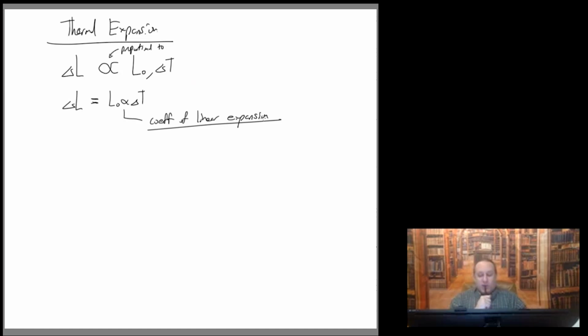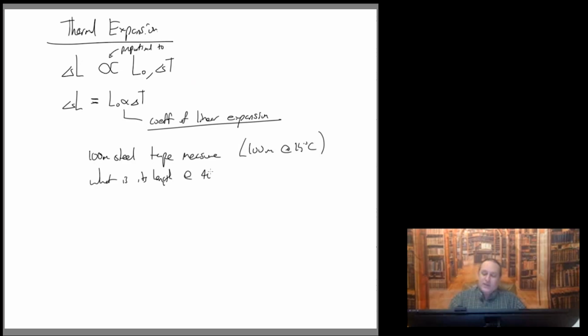Let's just do a quick example. If we have a 100-meter steel tape measure, so 100 meters at, let's say, 15 degrees C, what is its length at 40 degrees C?